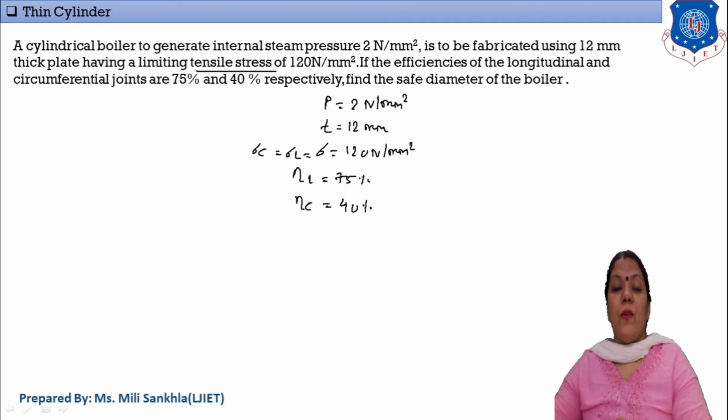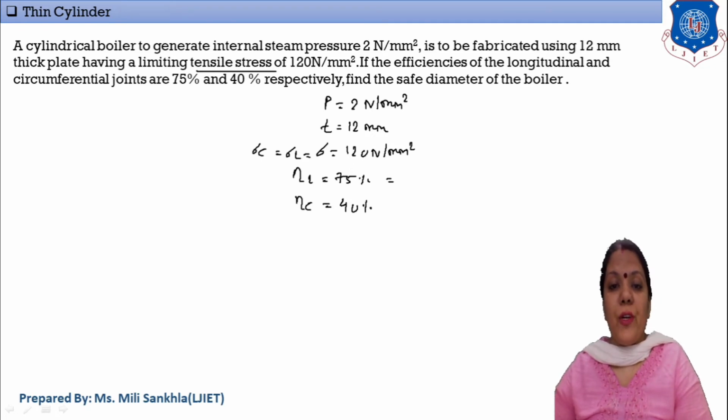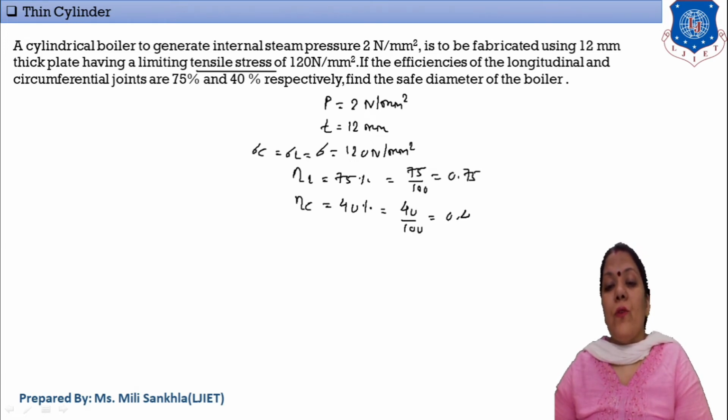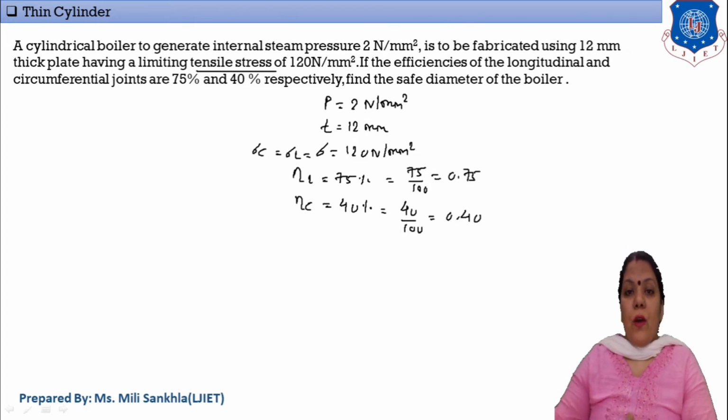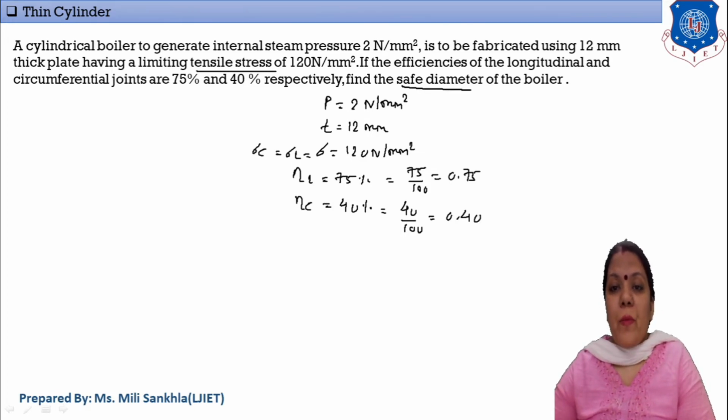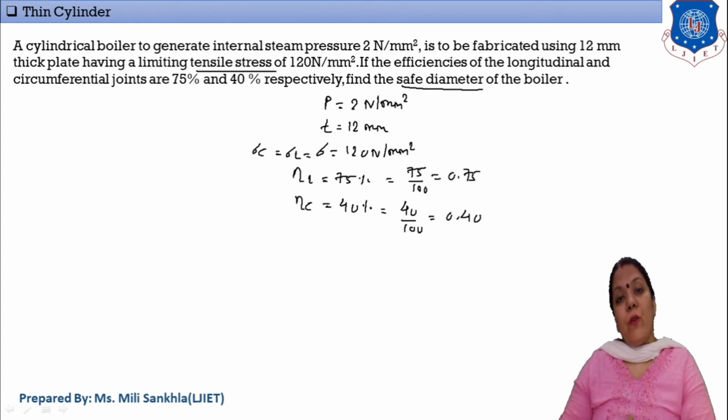Now this is given in percentage, so first of all convert into decimal. 75 divided by 100 is 0.75, and 40 divided by 100 is 0.40. Now find the safe diameter. In this example we find the safe diameter.